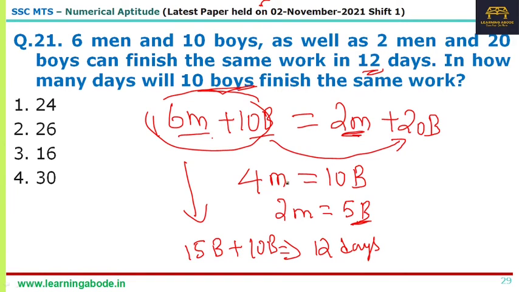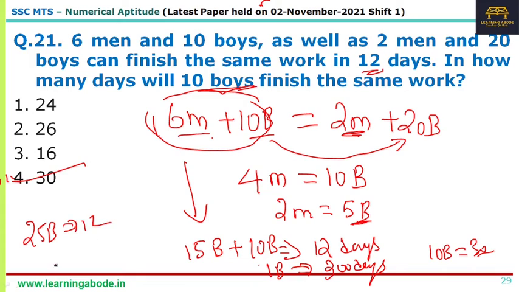The question is, 10 boys will finish the same task in how many days? If 25 boys take 12 days, one boy will take 300 days. So 10 boys will take 1/10 of the time, that's 30 days. That's answer option 4.